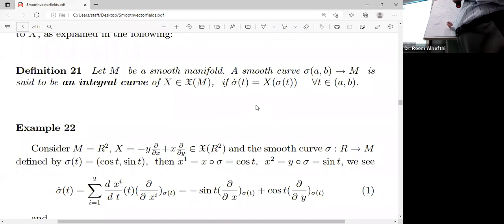The value of the vector field at the curve, if it turns out to be the tangent vector of that curve, then we say sigma t is an integral curve passing through P. This is the definition 21.